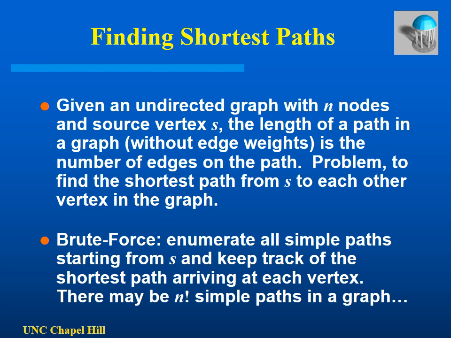Unfortunately, there may be as many as n factorial simple paths in a graph. So this brute force approach might take order n factorial time, well more expensive than we can afford. So we need a better solution.